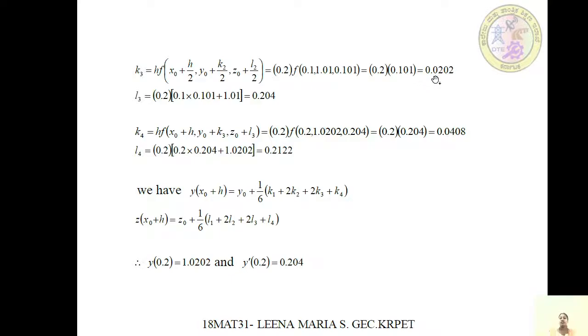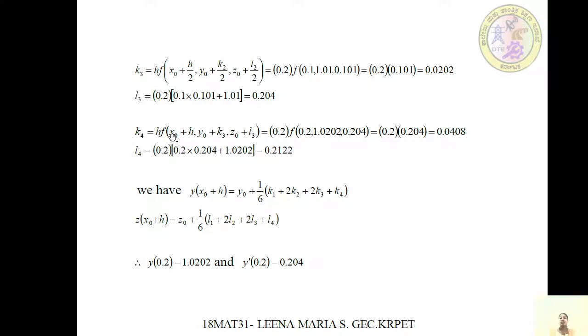Multiplying this, I will get 0.0202. So L3, 0.2 x into z, x is 0.1 into z, 0.101 plus value of y, which is 1.01. On simplifying this, we get 0.204. So finally we get the values for K1 to L4.